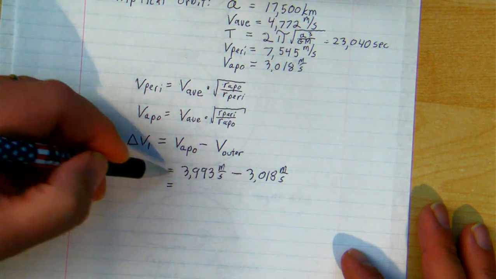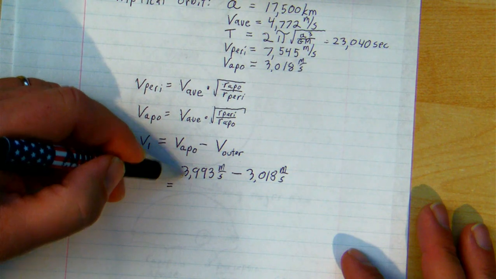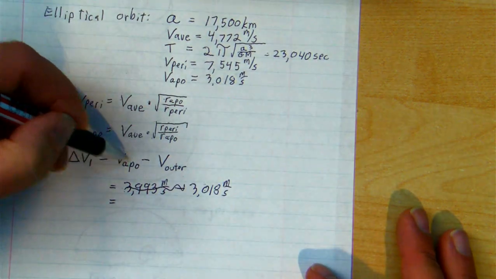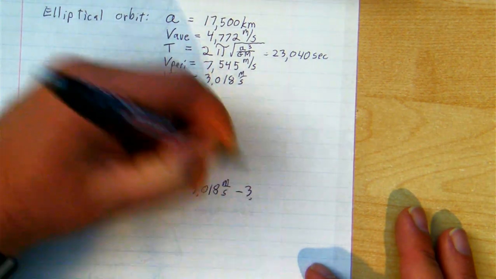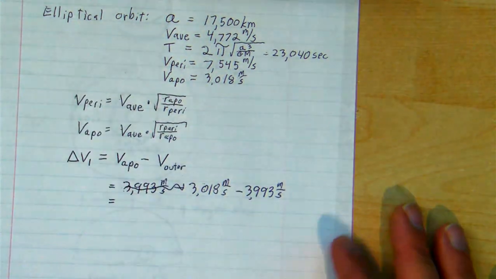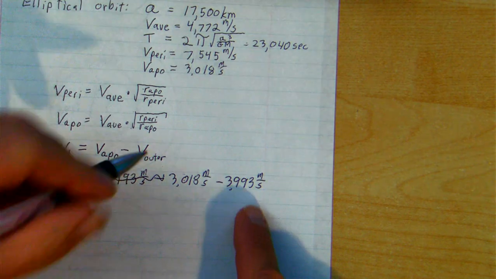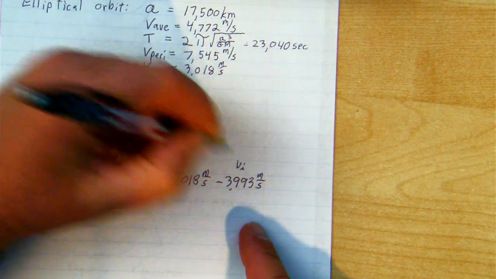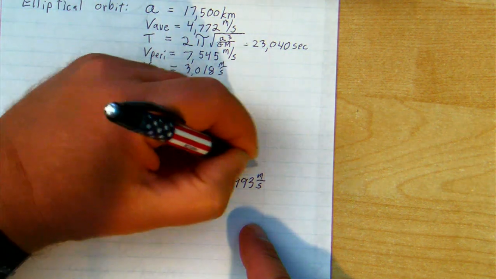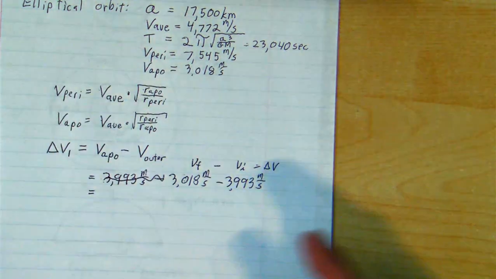And I see I wrote it incorrectly. Sorry, these two numbers should be switched around. It's really 3,018 meters per second minus 3,993 meters per second. So this is your initial velocity, and this is your final velocity as far as this change in velocity goes.